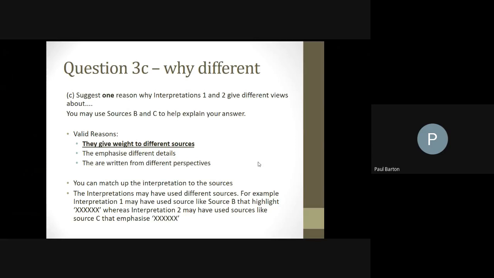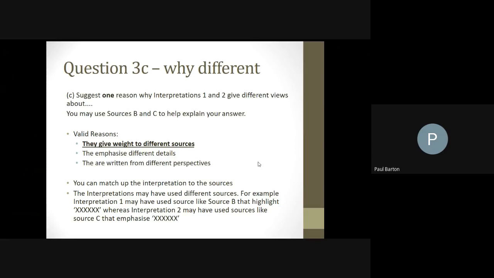They didn't really change what women were doing very much, whereas interpretation 2 suggested that actually the Nazis were quite successful and the women did change their behaviour. When you look at the sources, the first, source B, was Goebbels explaining his views and telling women to stay at home and have lots of children. So that actually matched up with interpretation 2. The second source, source C, was a picture of women working in a factory, which ties in with interpretation 1, which was all about women staying in work and not giving up their jobs. Hopefully you can see how they would match up.